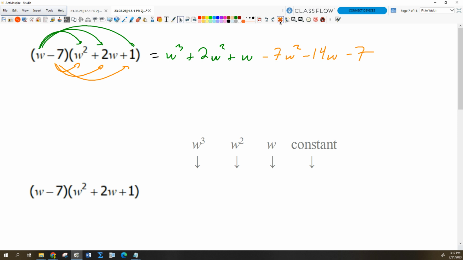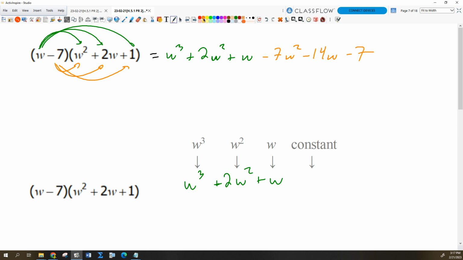So when we add these things up, all we would do is really simple. When we were doing our distribution, we would have realized w cubed is going to be my first column. Then what's the next term? Which column does that go in? That's going to be in the w squared column. The next term goes in the w column.